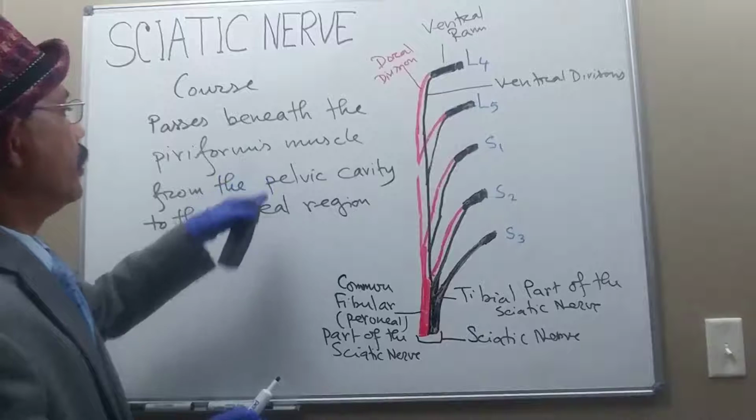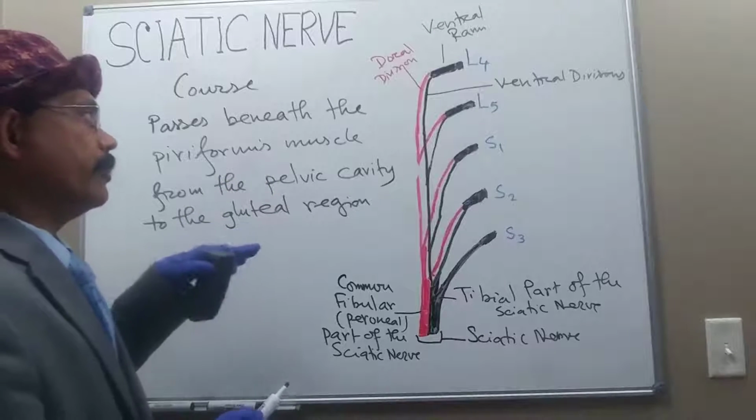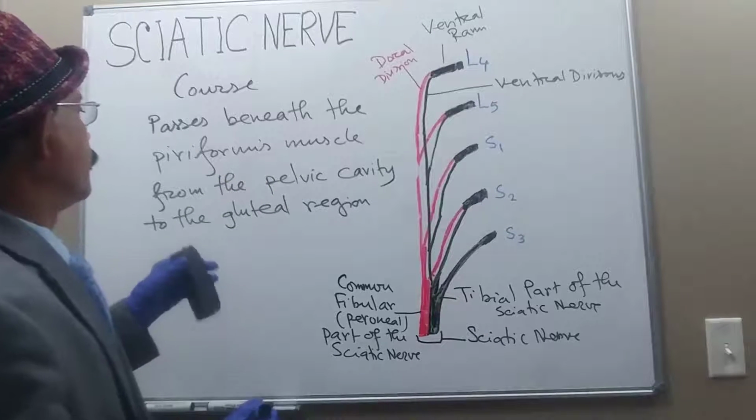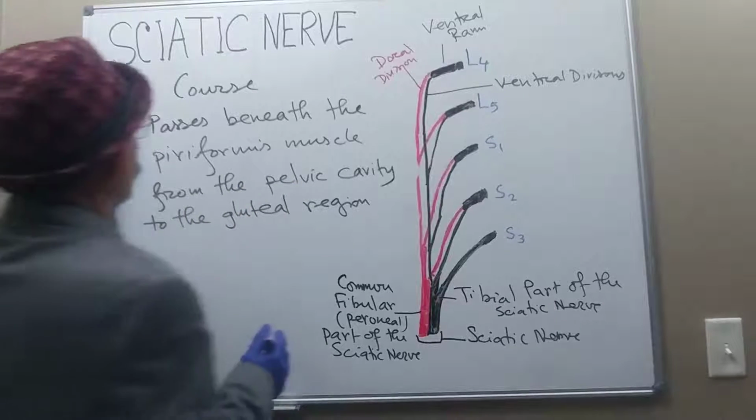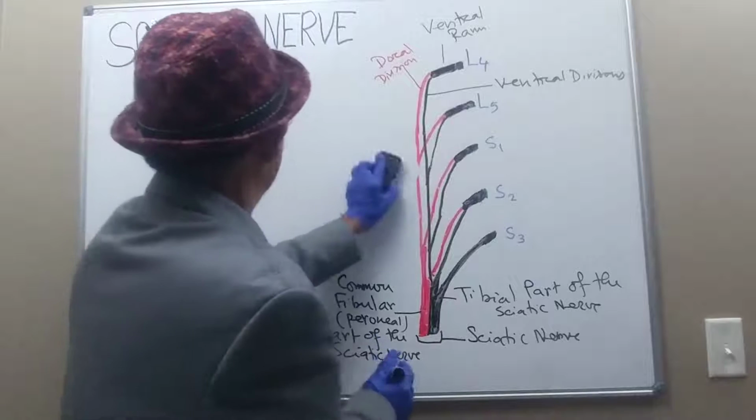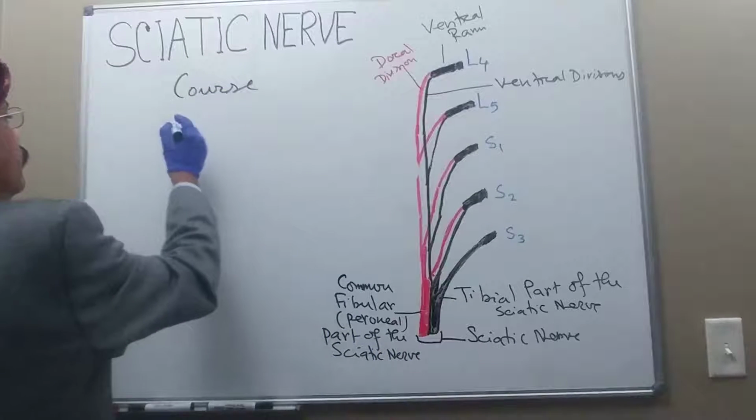It passes inferior to the piriformis and goes from the pelvic cavity to the gluteal region.